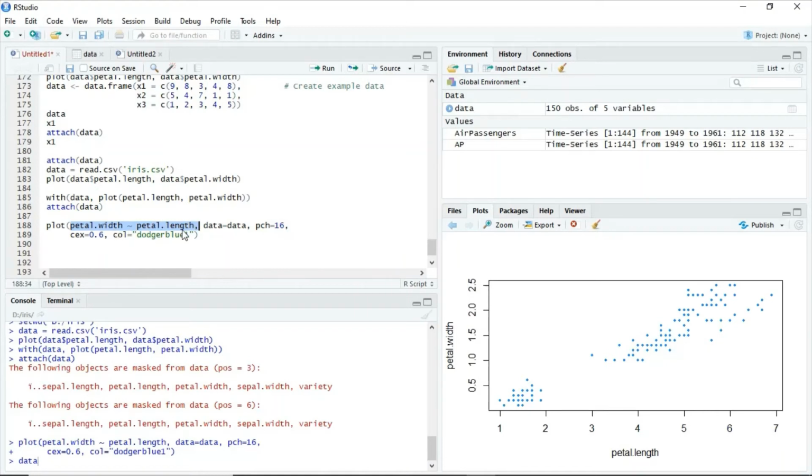However, whenever we write just the plot function, it will be plot(x, y), meaning first we write x, then y. Now the next part is data equal to data. Data means you have to mention the variable name in which you have your data set. Here our data set is stored in the data object.